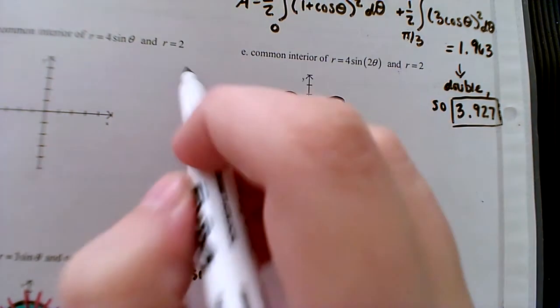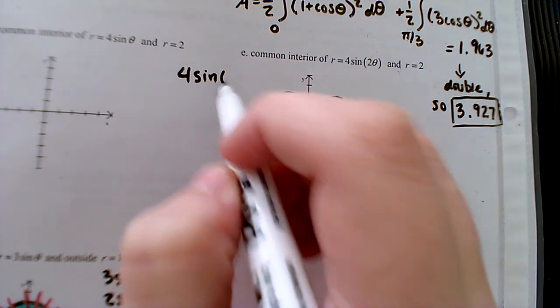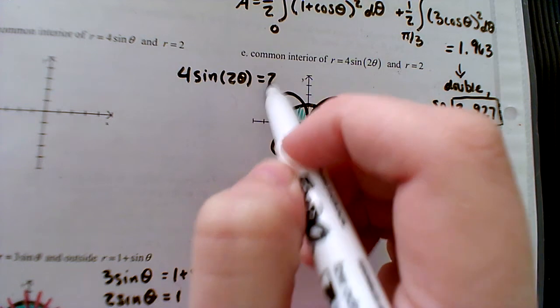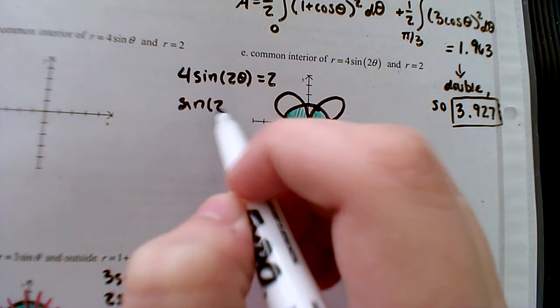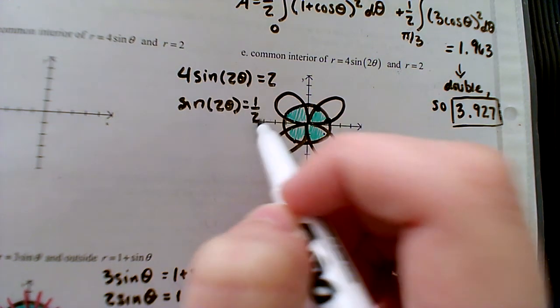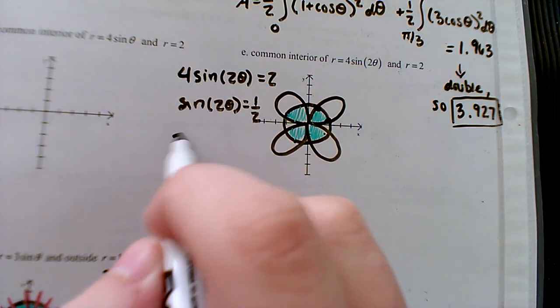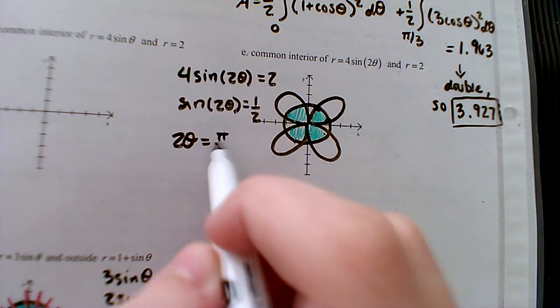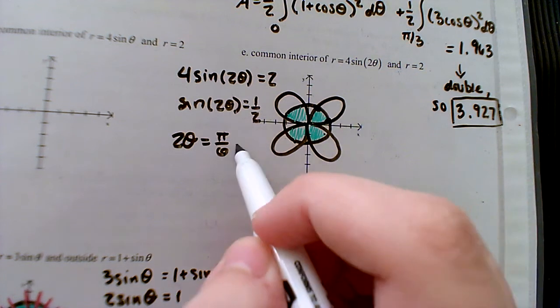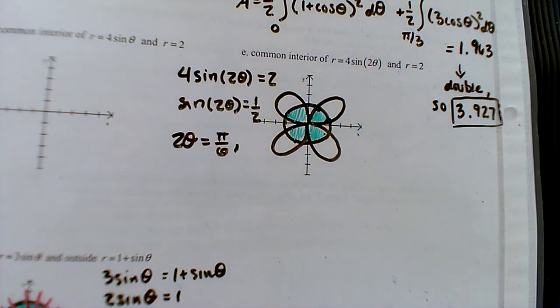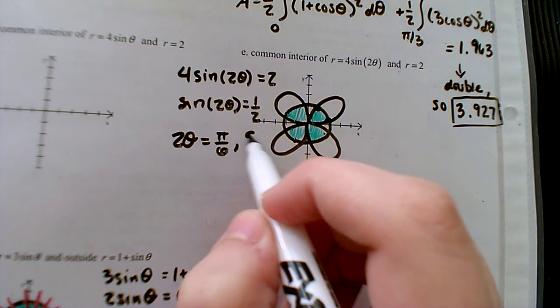All right, so intersection points. When does sine have a value of a half? Pi over 6 and 5 pi over 6.